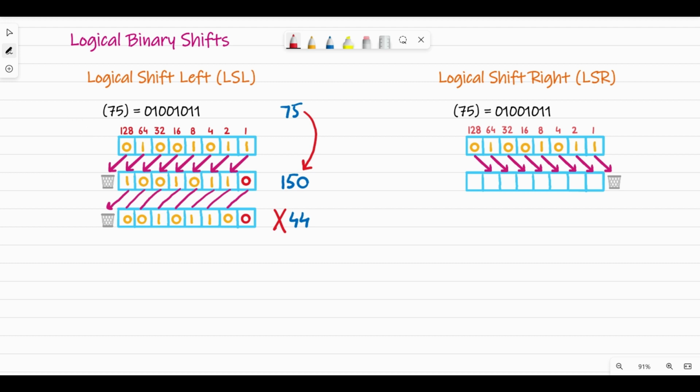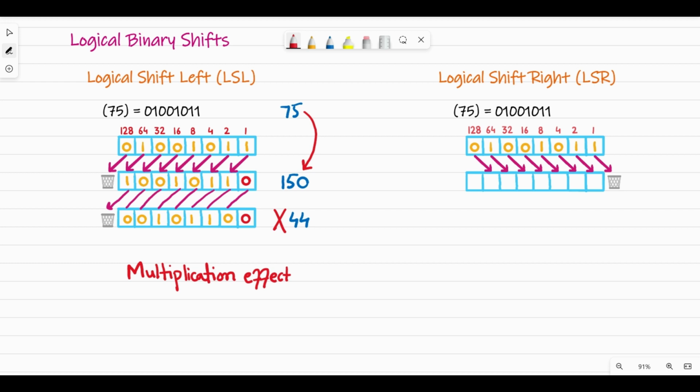On the right hand side, the opposite is the solution. If we had an effect of multiplication, the opposite of multiplication is division by 2 each time we perform a shift.